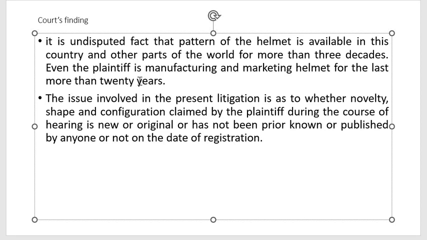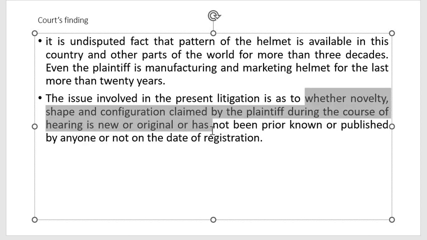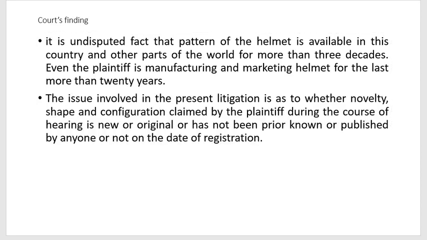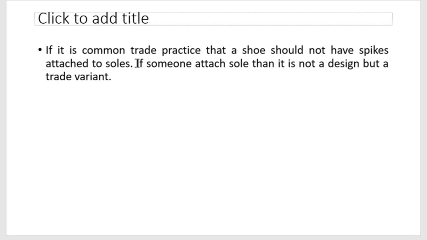These beak-shaped patterns are already there. Even the plaintiff has been manufacturing and marketing helmets for more than 20 years. The issue is whether the novelty, shape and configuration claimed by the plaintiff during the hearing is new and has not been published prior. The court said that we do not agree with the plaintiff's contention.